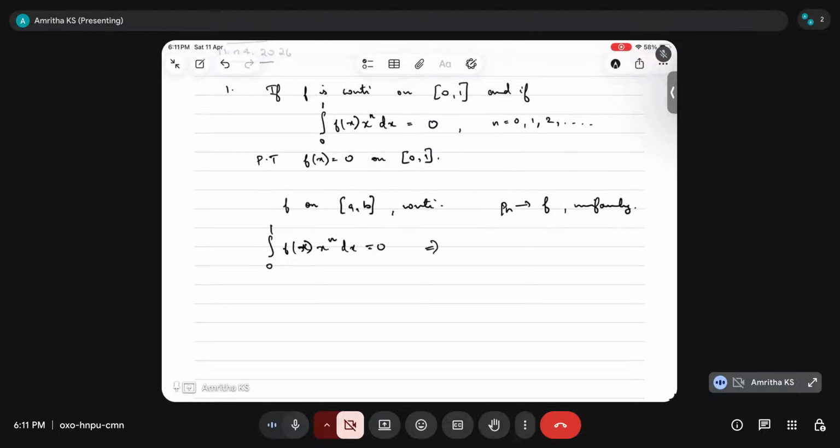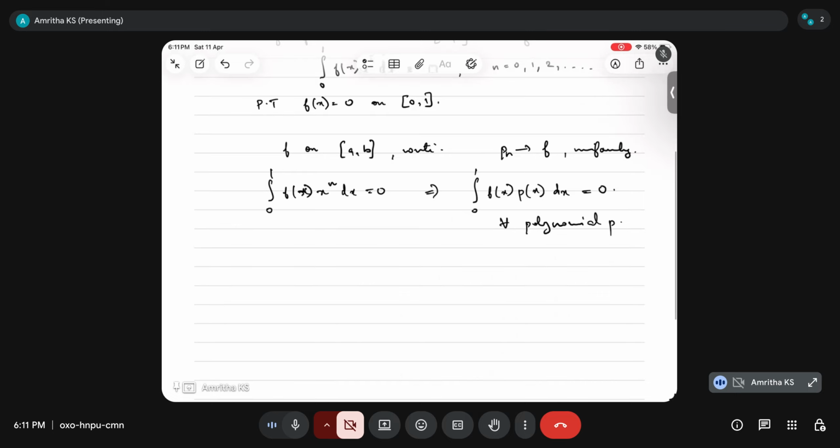This implies that whenever we take a polynomial p, the integral of f(x) p(x) dx is 0 for all polynomials p. Because whatever polynomial we have, it would be of the form summation a_n x^n, and once we expand the sum, we would see that this integral is 0 for all polynomials p.